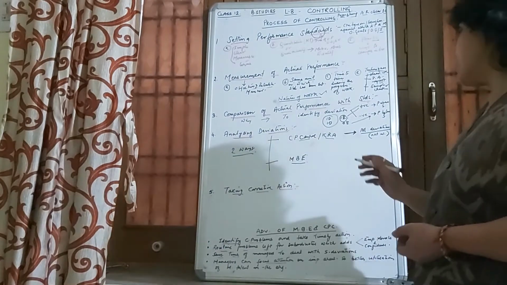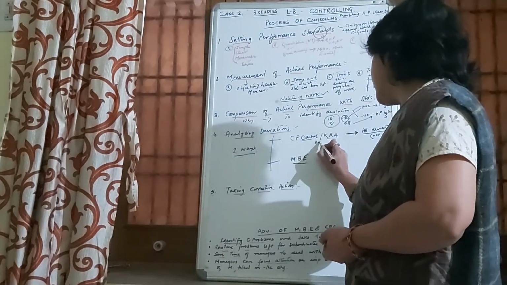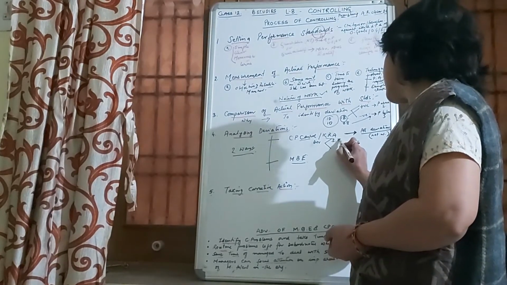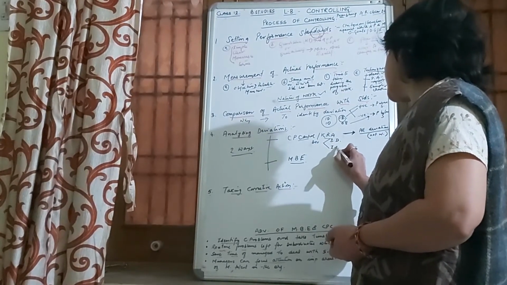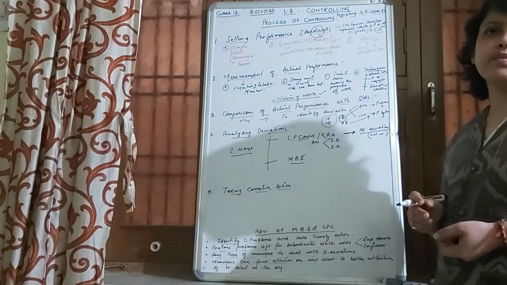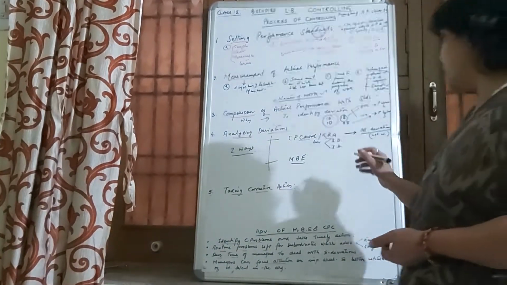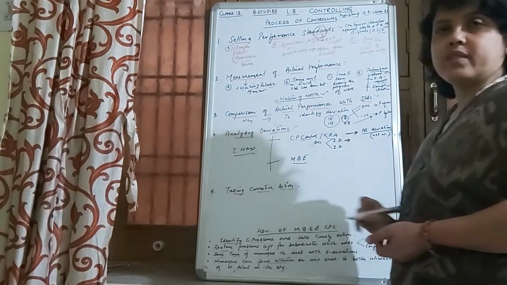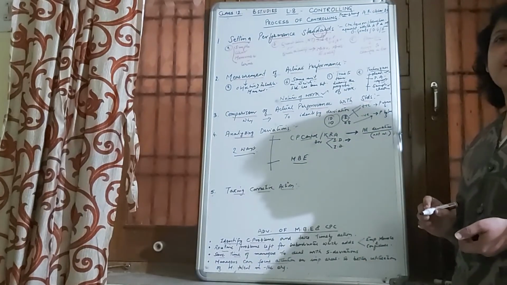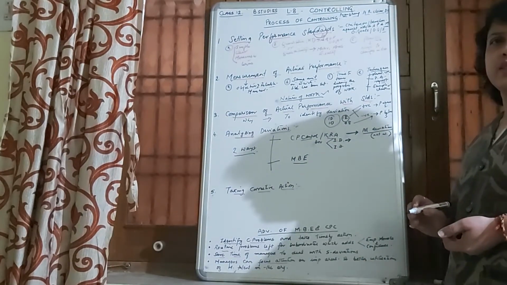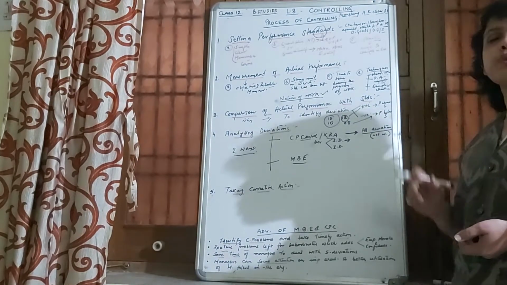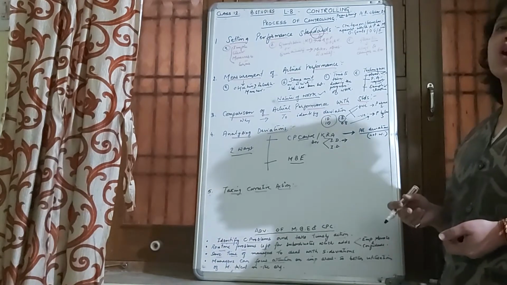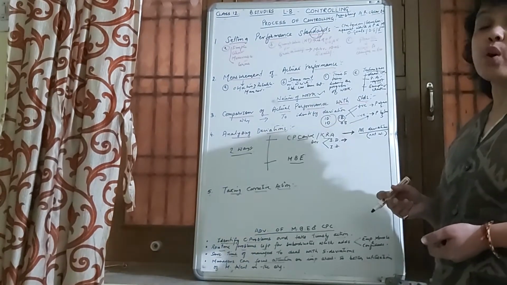Because deviations may be significant deviations or insignificant deviations. Significant deviations means that deviation which is very important to be checked and controlled, because it is going to impact the organization's performance.